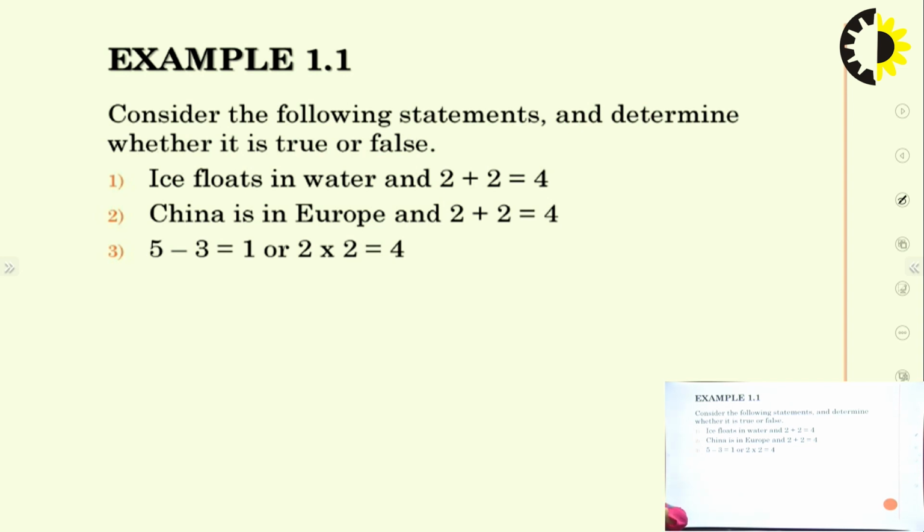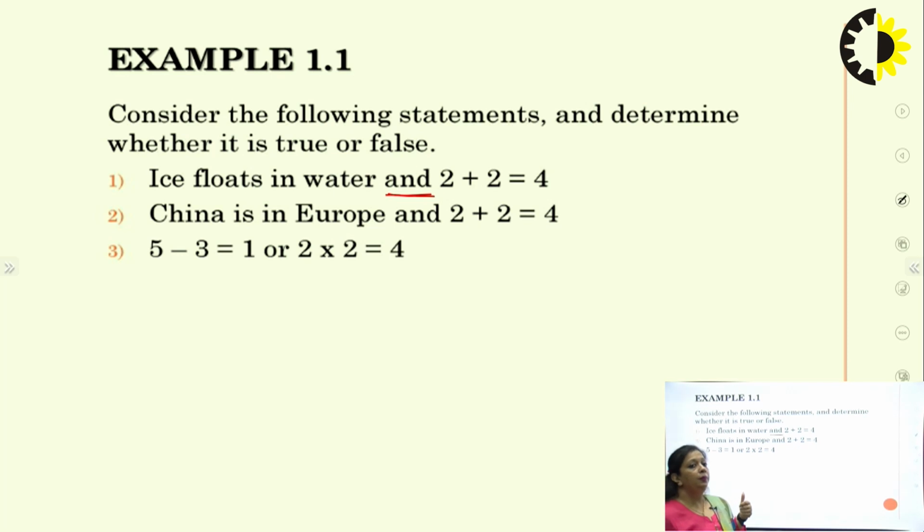Now, let's take a few examples and we have to tell whether these are true or false. So, now looking at the first example, ice floats in water and we have the operator as AND, 2 plus 2 is equal to 4. That means the left hand side is one proposition, right hand side is another proposition, and these are connected by an AND operator.